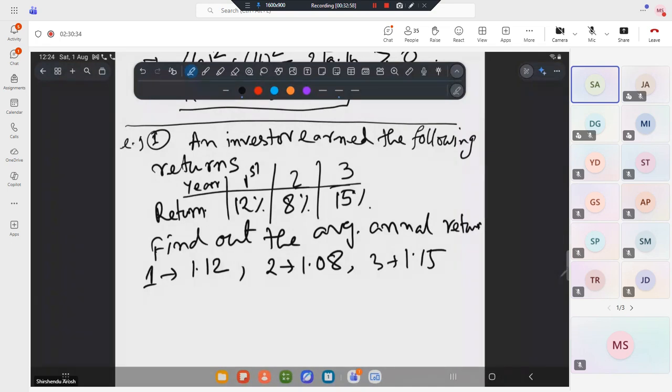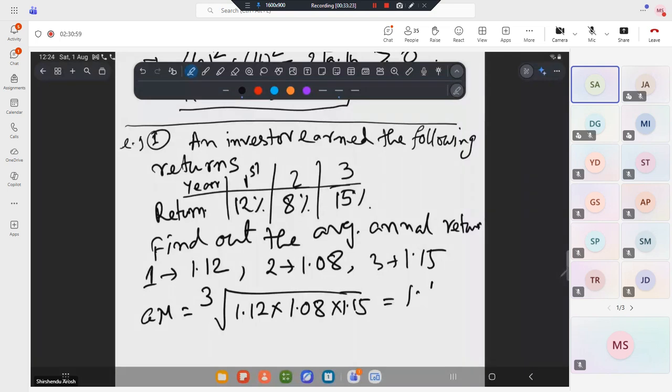It will work that way. So, assuming one as the base, I found the returns for these three years. Now, if I want to find the annual average for this case, I'll do the GM for all these numbers.